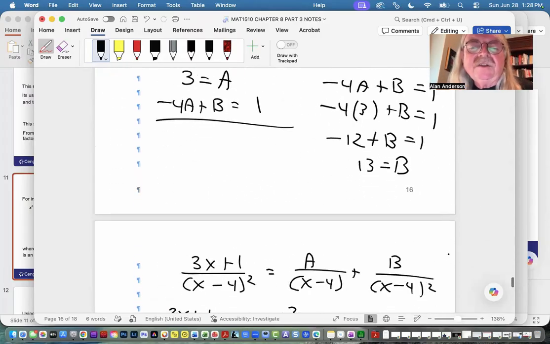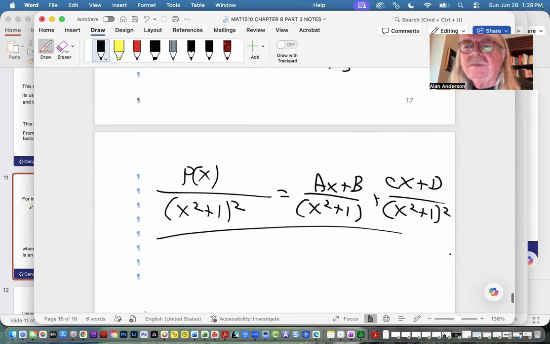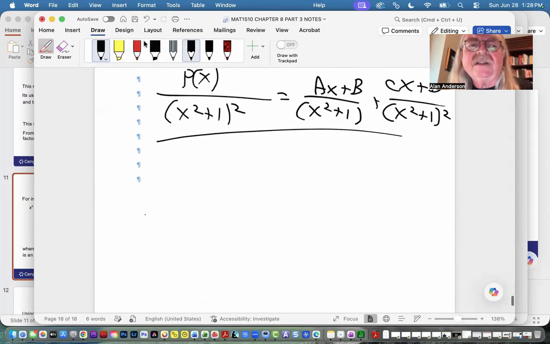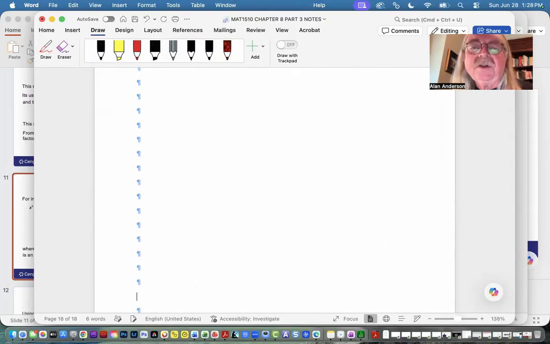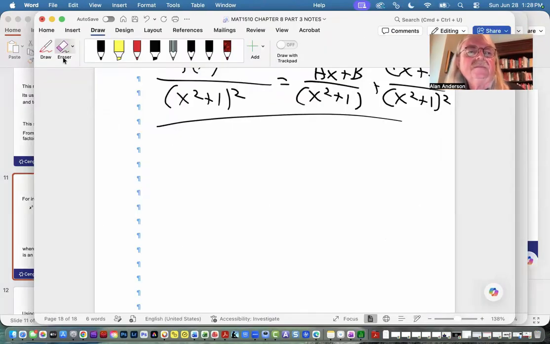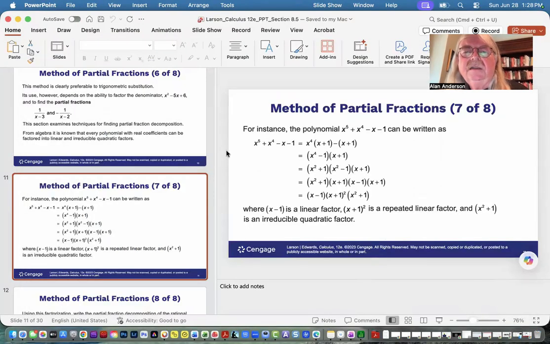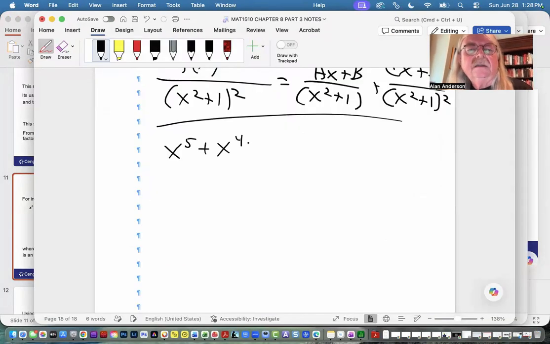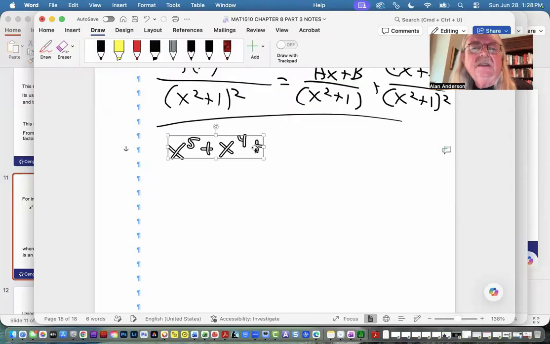In some cases, they might try to solve it without using partial fractions, but you'll see in every case that the approach they're using is very messy compared to partial fractions, which are relatively straightforward. Like this one. All right, here we go. Minus x minus 1.